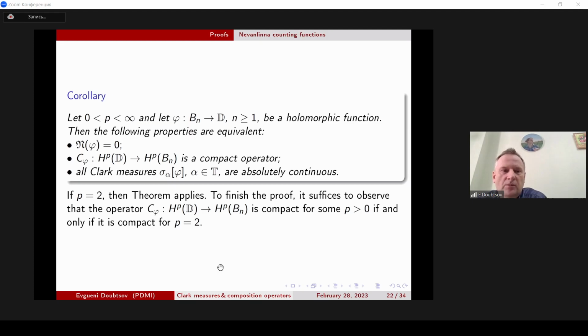And also the proof goes through 3 estimates. So we do not prove separately equalities for the essential norm and the Nevanlinna counting function, and the essential norm and Clark measures. Everything is together. So this is the main point probably. As a result, just the main theorem.